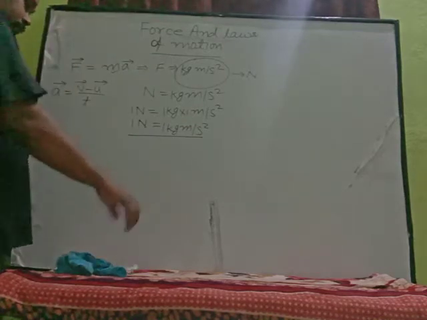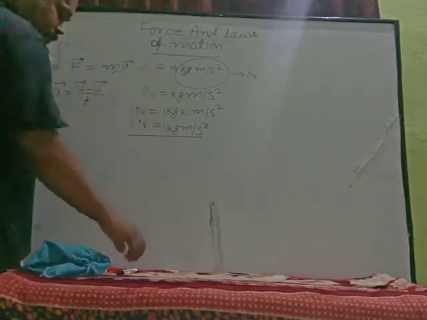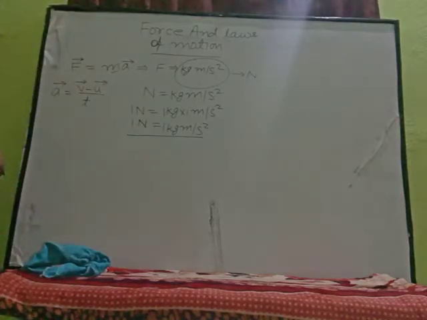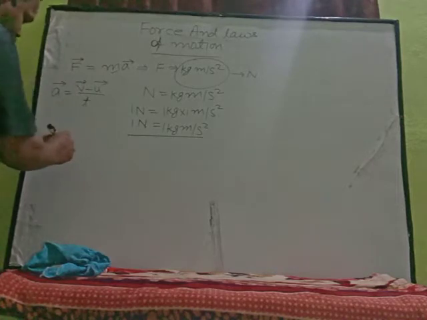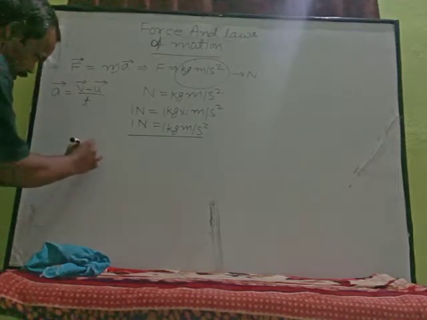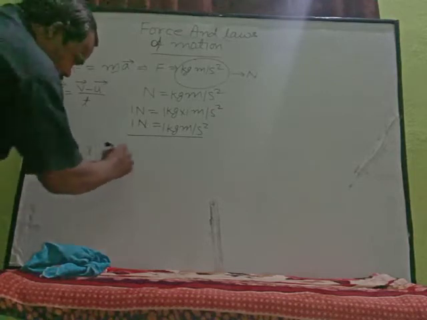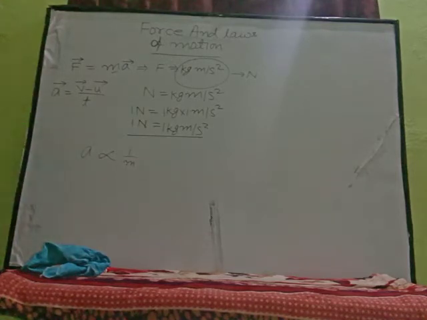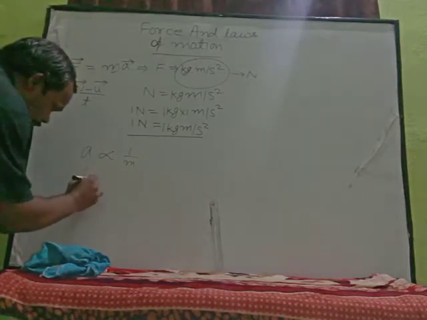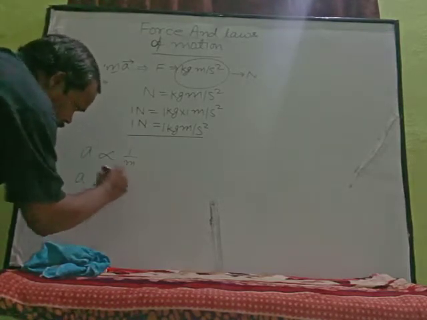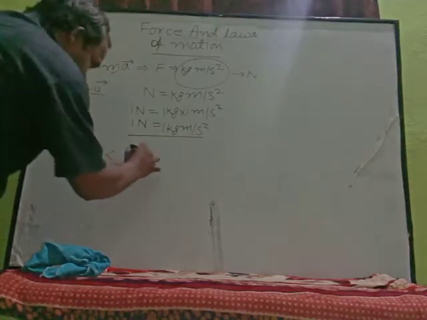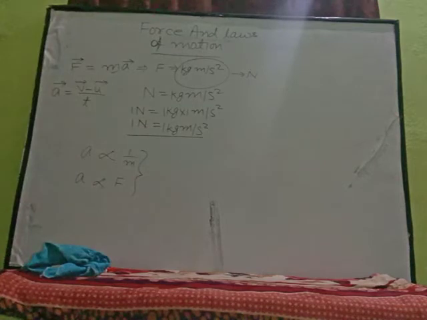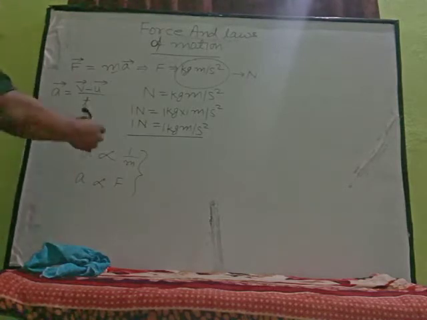After knowing about it, we should discuss the traditional method of finding out the formula of force. Since we all know that acceleration is inversely proportional to m, and acceleration is directly proportional to F. So combine these statements.